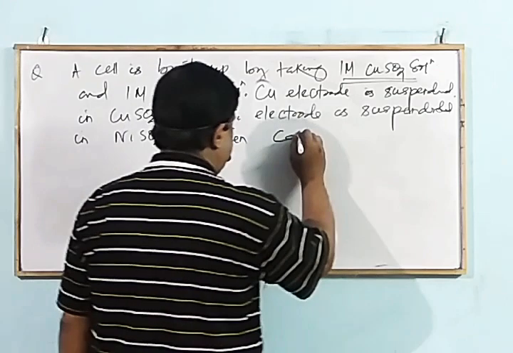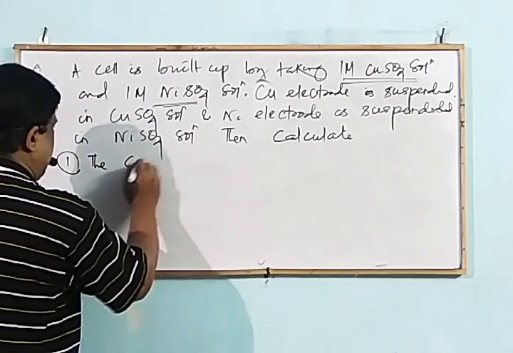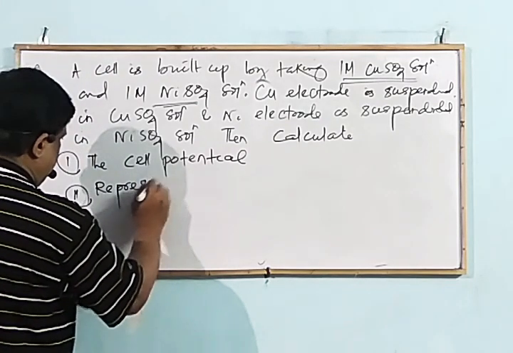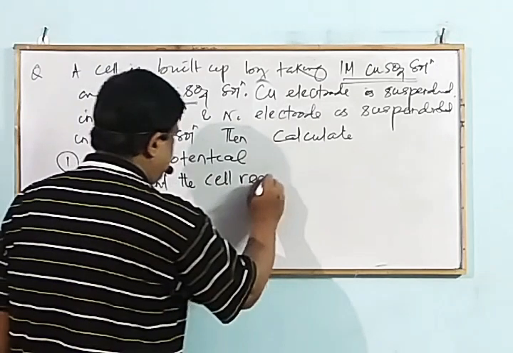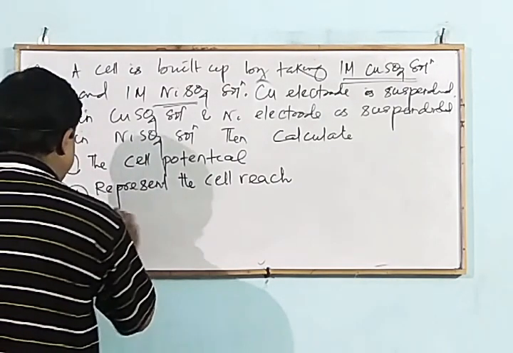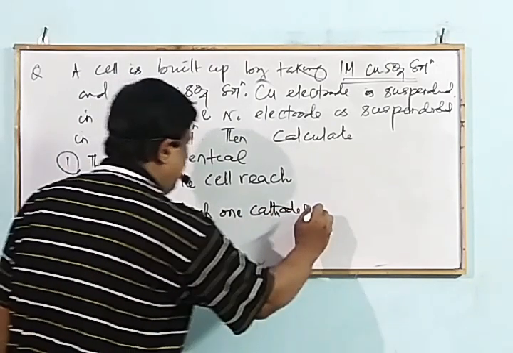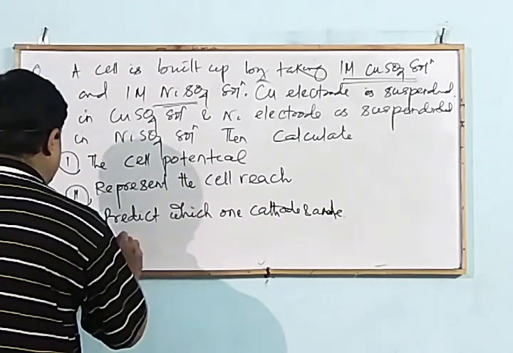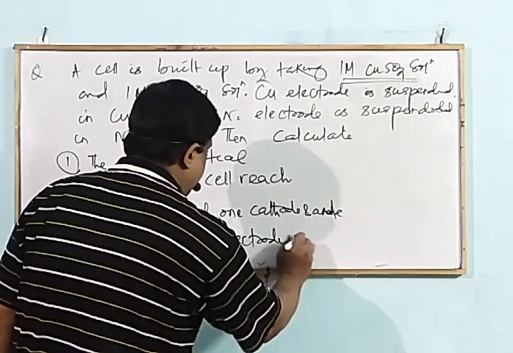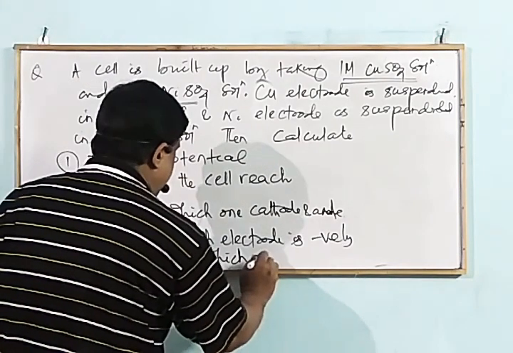Then calculate: point 1, the cell potential; represent the cell reaction; predict which one is cathode and which is anode; and predict which electrode is negatively charged and which is positively charged.